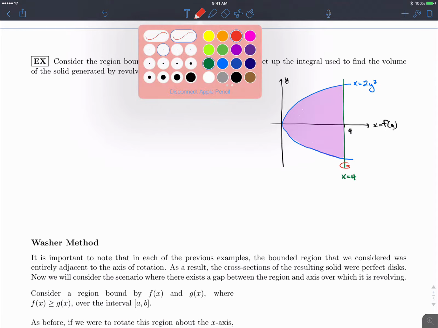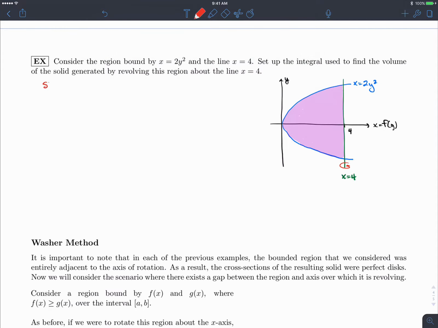All right, well, we've got a sketch already, and then don't forget our cross section. This is going to be particularly helpful here. Remember, our cross section is going to start on our axis of rotation, and it's going to go out to our boundary curve.